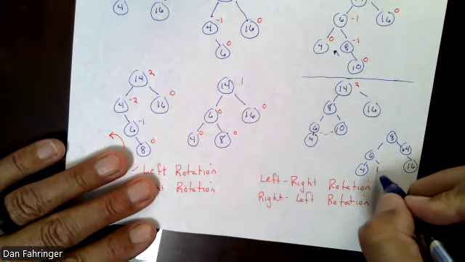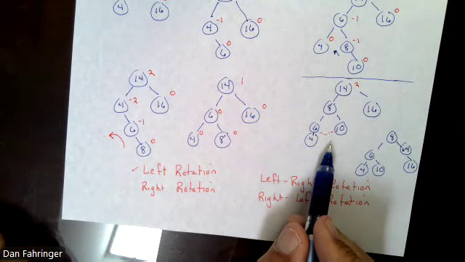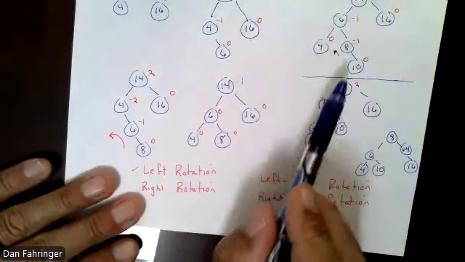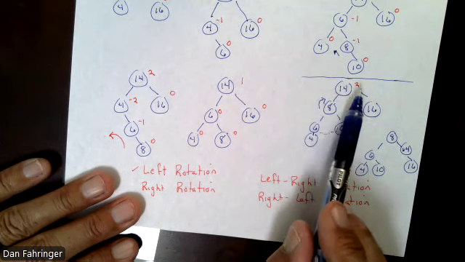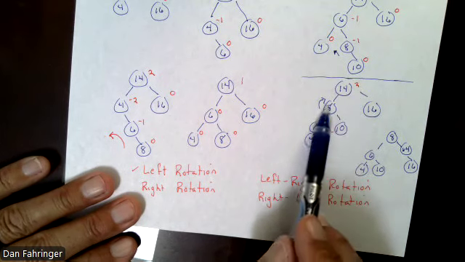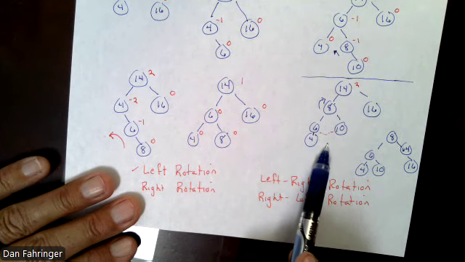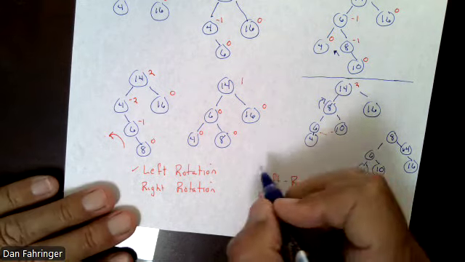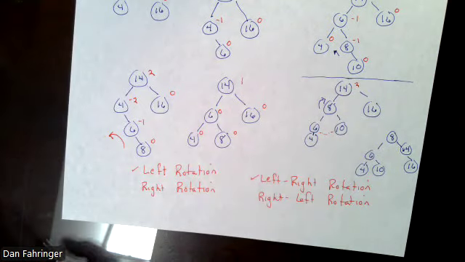The 10 is going to go and attach to become his right child. So now this is the right rotation. It did a left rotation, moved the 8 up. We weren't done. It does a right rotation, moves the 8 up. But this 10 has to come down and be the rightmost child of 6. That was, my friends, a left-right rotation.